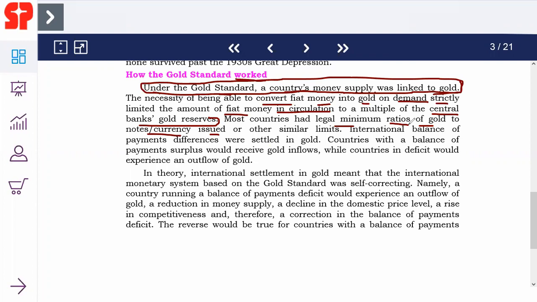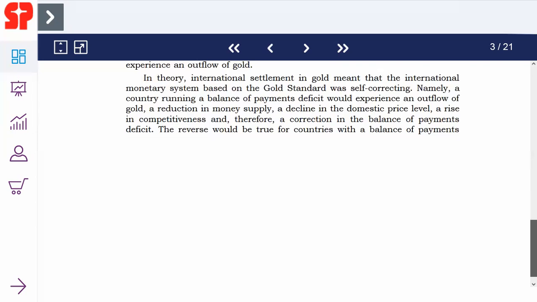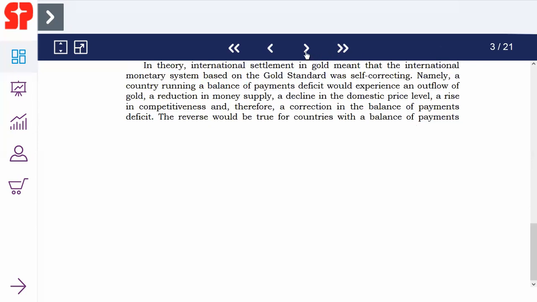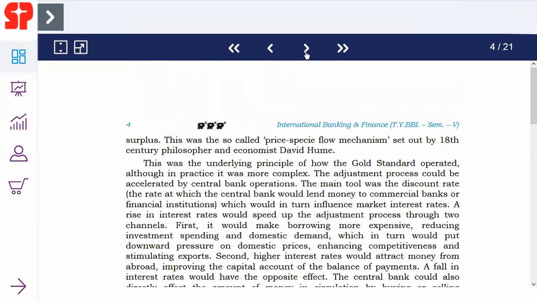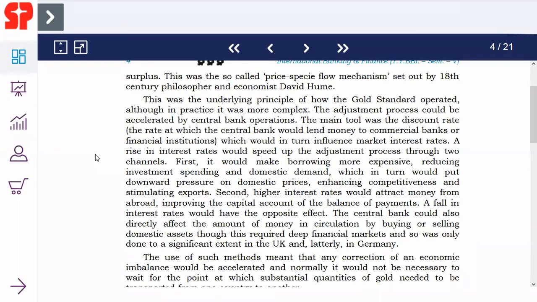So, in short, gold was also equivalent to a currency. Under the gold standard, you can say that gold was also equal to currency, because you can convert the currency in terms of gold, and two countries' currency was based on gold prices.